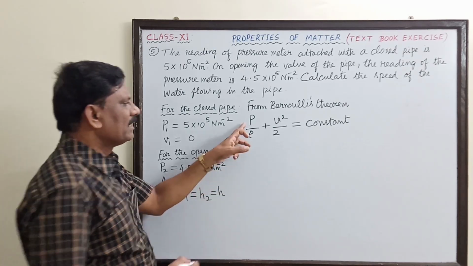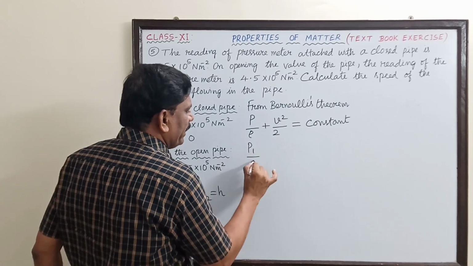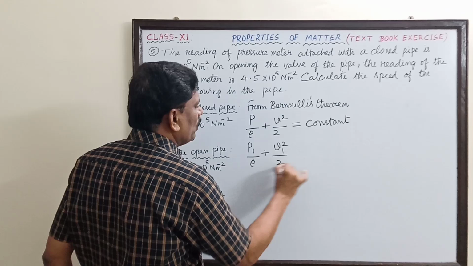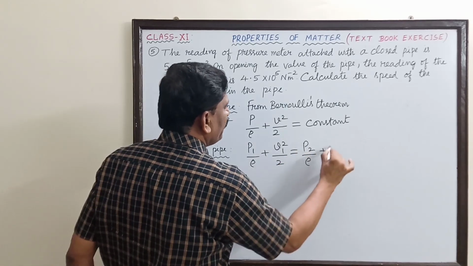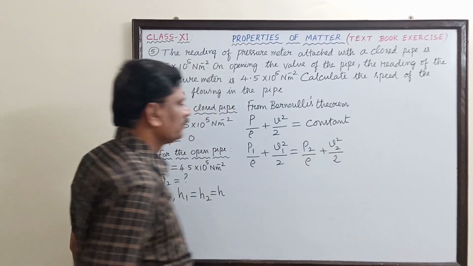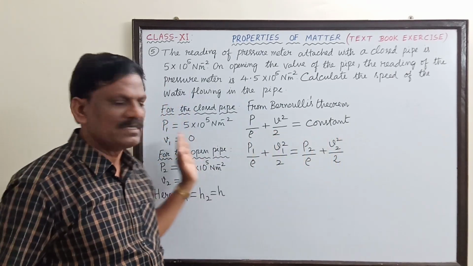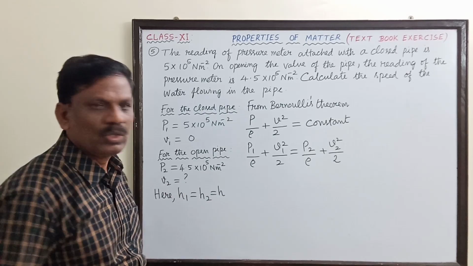Now this also can be written as what? P1 by rho plus V1 square by 2 is equal to P2 by rho plus V2 square by 2. Now I am going to multiply all these four terms on both sides by the density of water, that is rho.